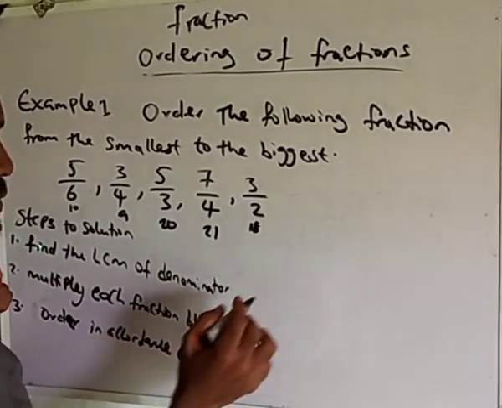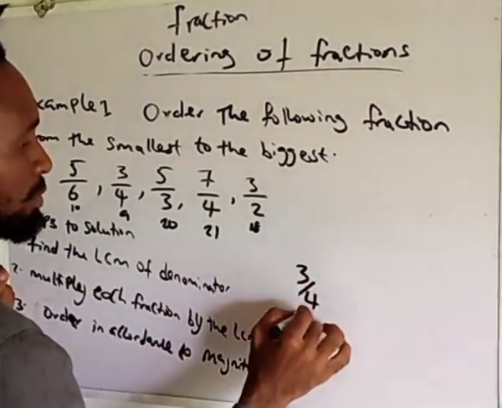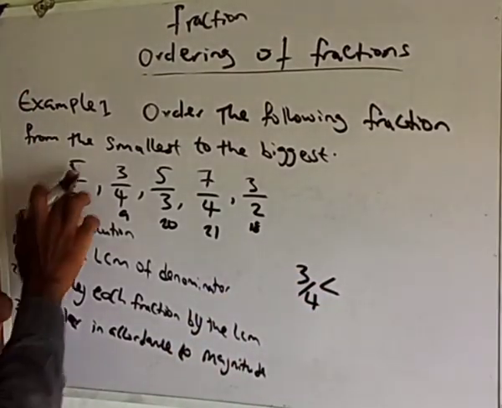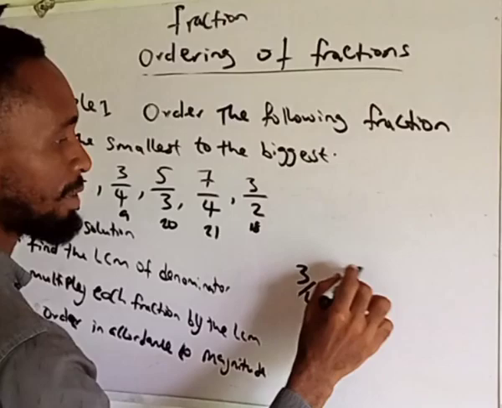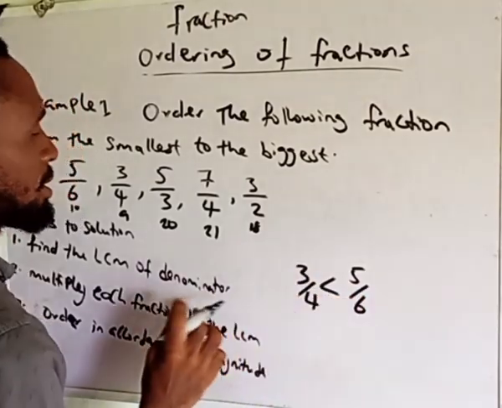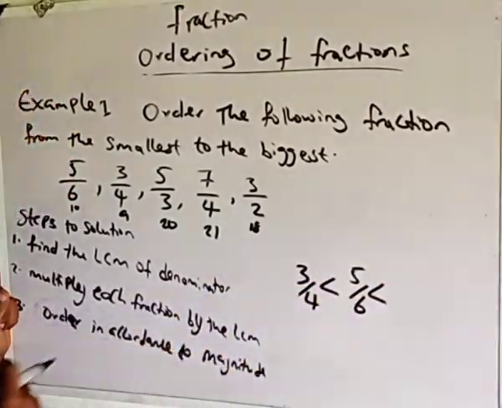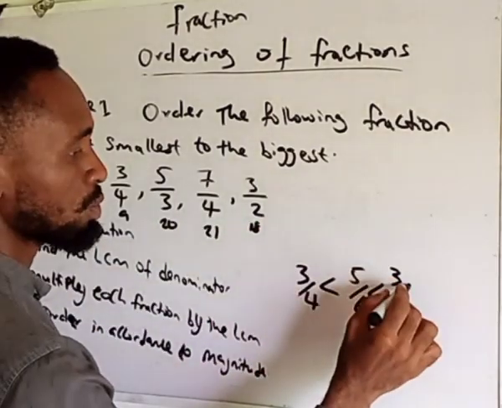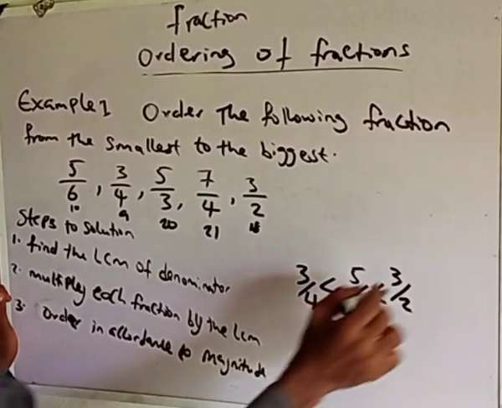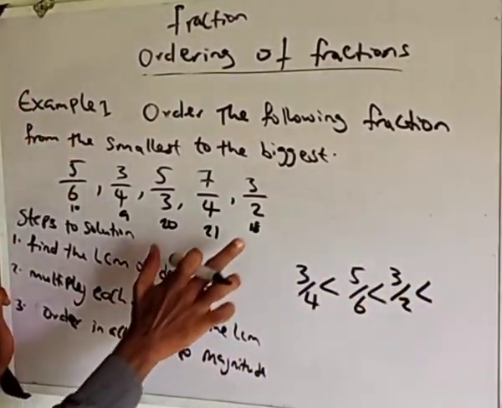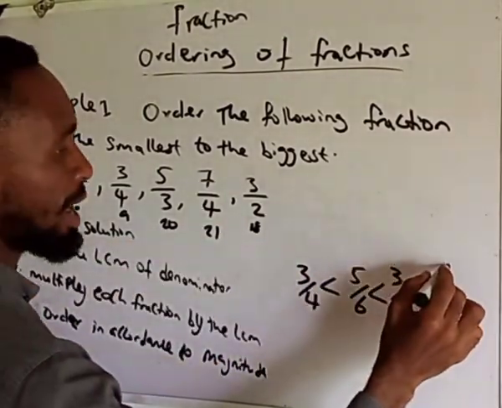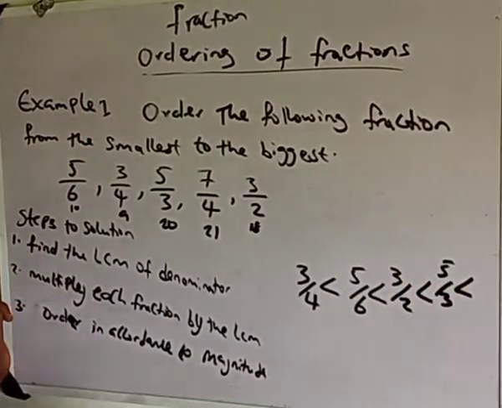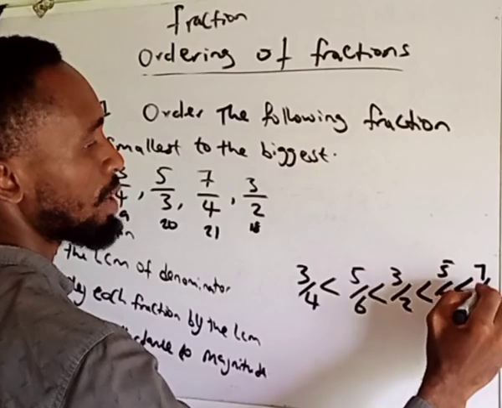So in ordering, we have 3 over 4 is less than 5 over 6. Then 5 over 6 is less than what again? What's the next value? 18, which is 3 over 2, is less than, what is the next value after 18? 20. 5 over 3 is less than, now the biggest one is 7 over 4.